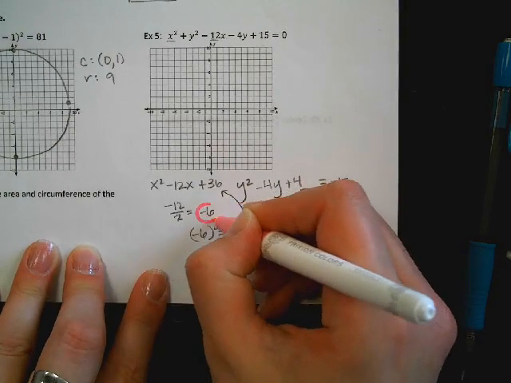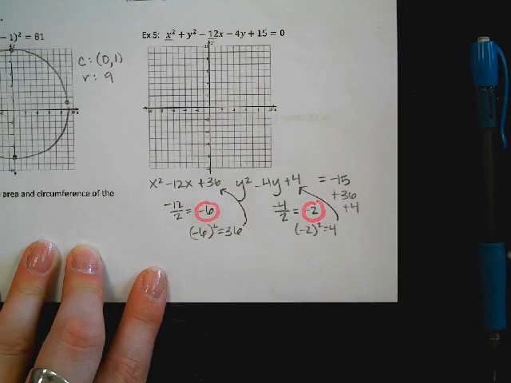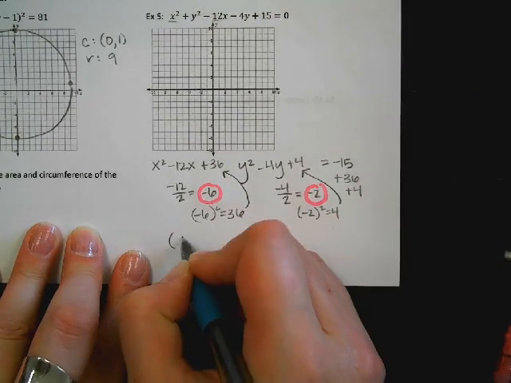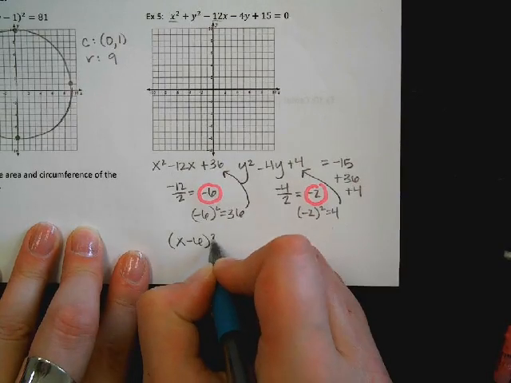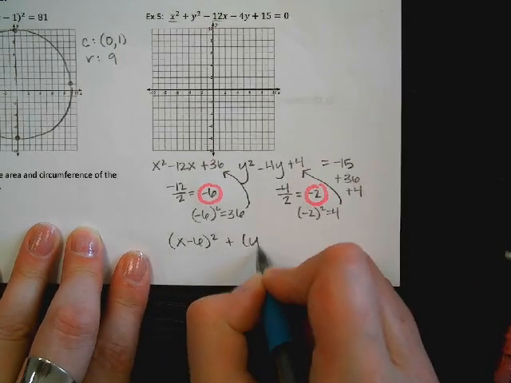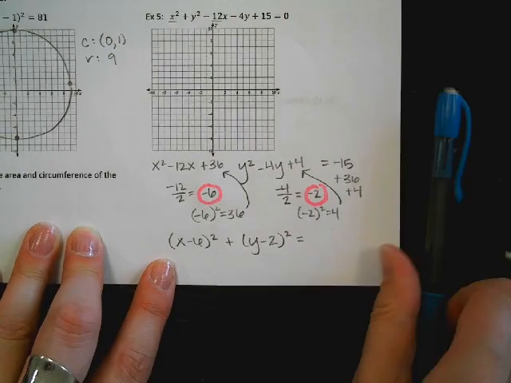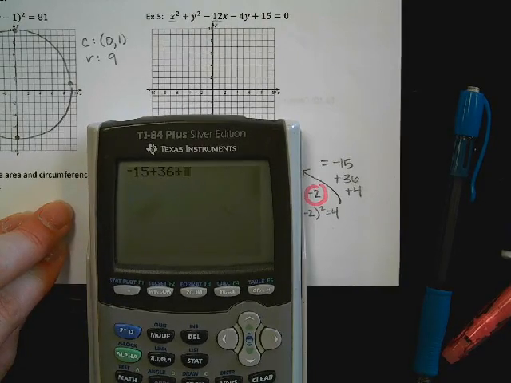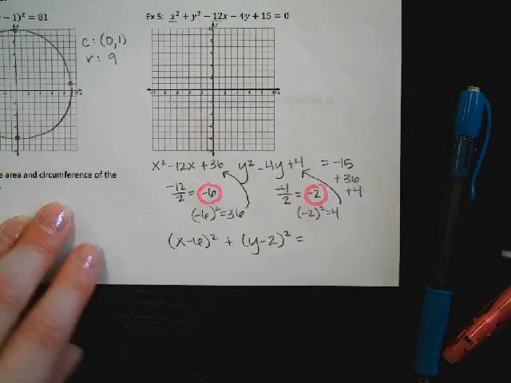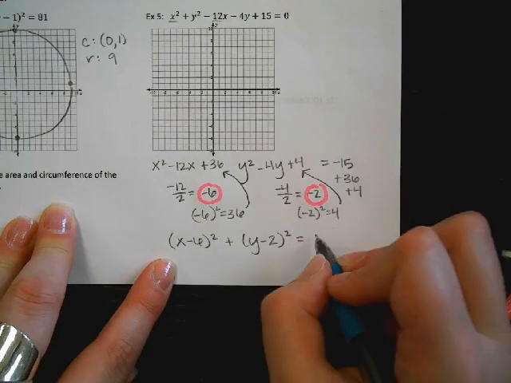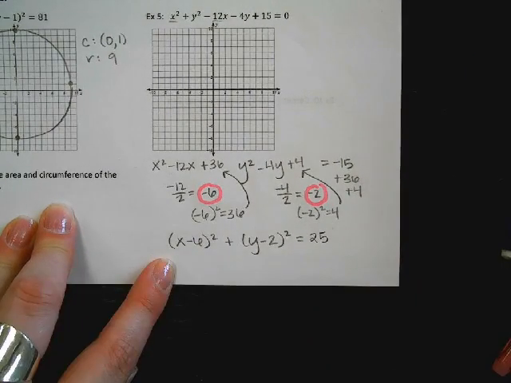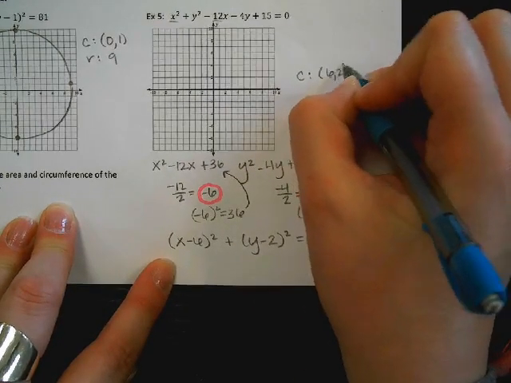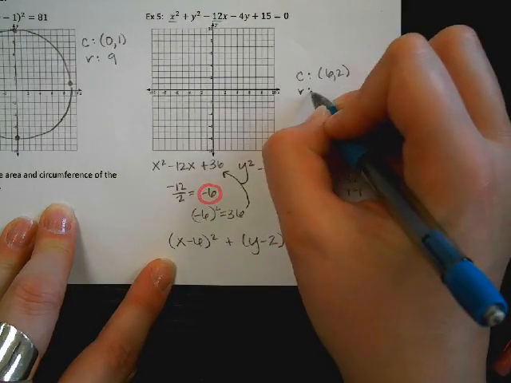The answer I got when I divided by 2 is going to be important for when I write the equation next. So for the x, I'm going to say x minus 6 squared plus y minus 2 squared. And to figure out the number on the end, negative 15 plus 36 plus 4 is 25. So for this circle, we have a center of 6, 2, and a radius of 5.